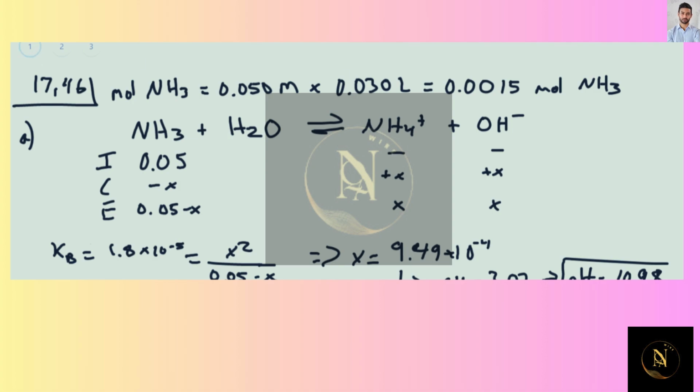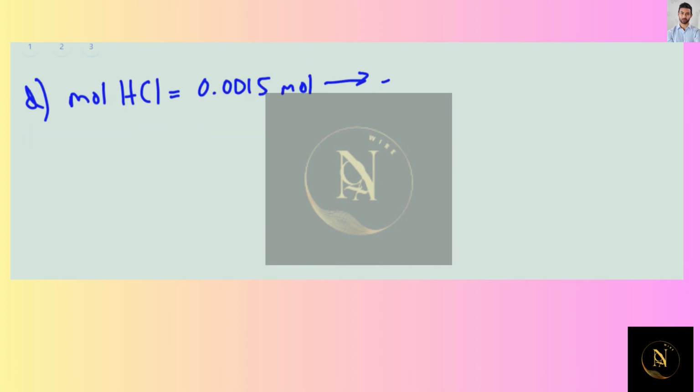In part D, we calculate the moles of HCl added as being equal to 0.0015 moles. If we look back at the beginning, at this first calculation which we did, we see that this is the equivalence point.